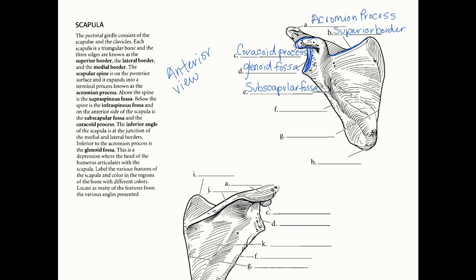From there, we're going to go ahead and label some more of the borders. The side with the acromion and coracoid is lateral, so that means that this border is going to be the lateral border. The opposite of that will be the medial border.